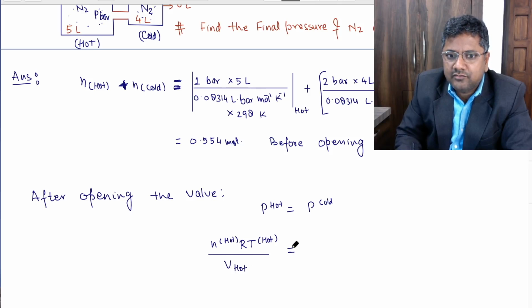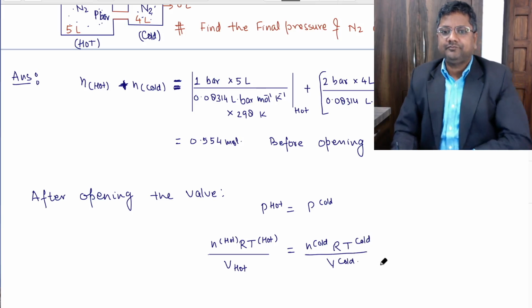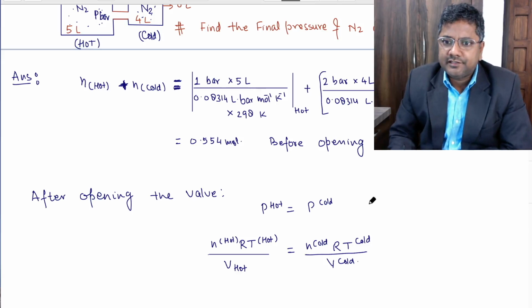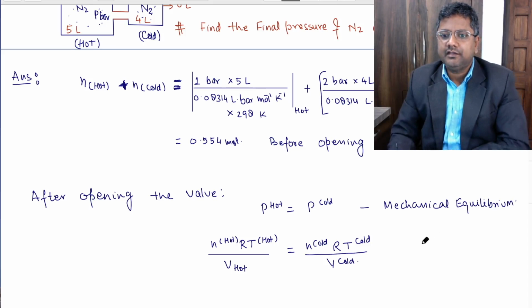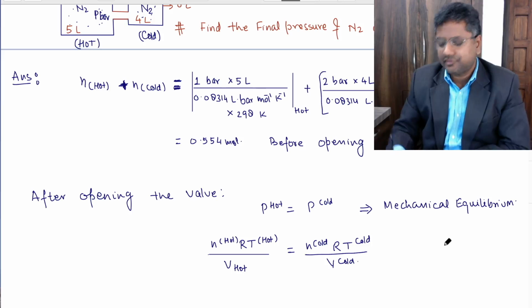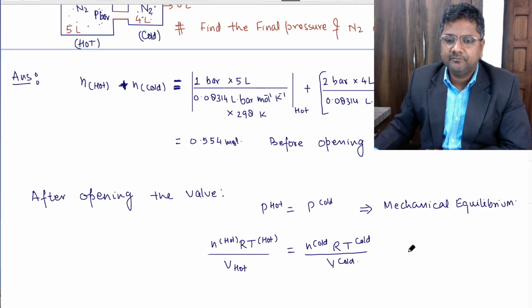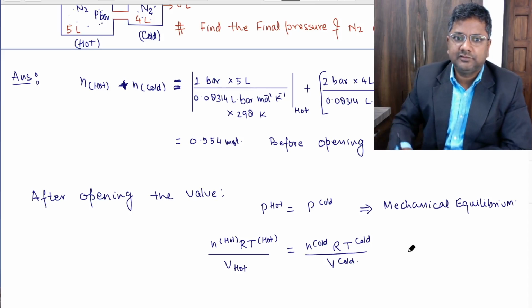This is equal to N cold R T cold whole divided by V cold. Clear to everybody? This is mechanical equilibrium, right? Clear? Good.